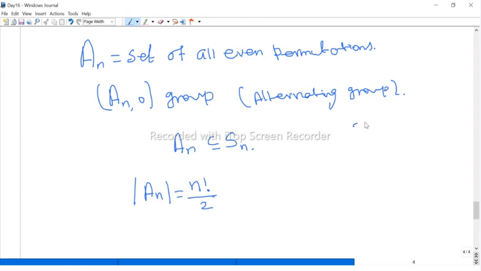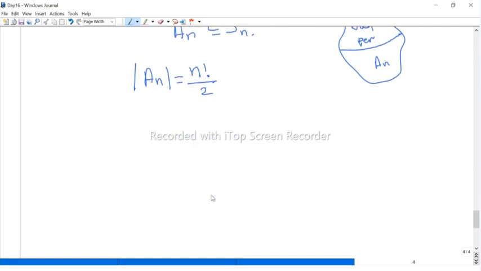So in the symmetric group Sn, half of them should be even permutations, half of them should be odd permutations. Therefore half is n factorial by 2. So this is the cardinality of An. So this An is a subgroup of Sn.